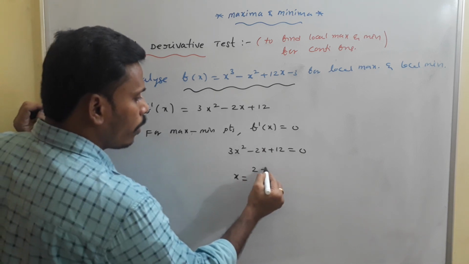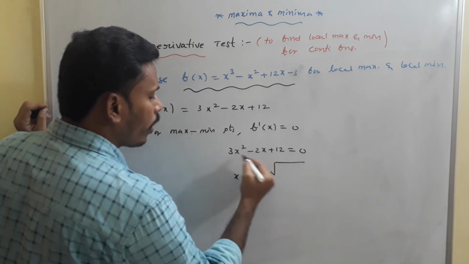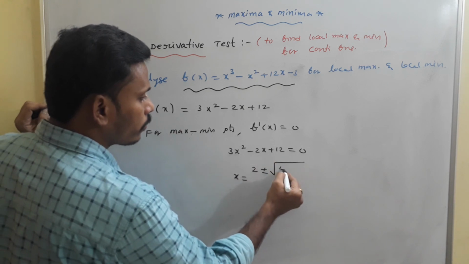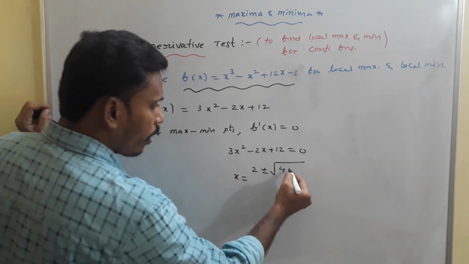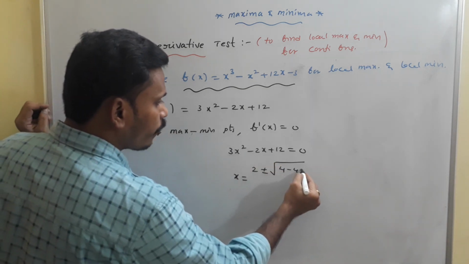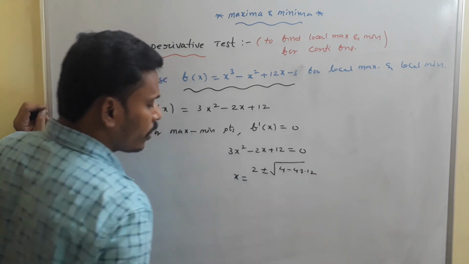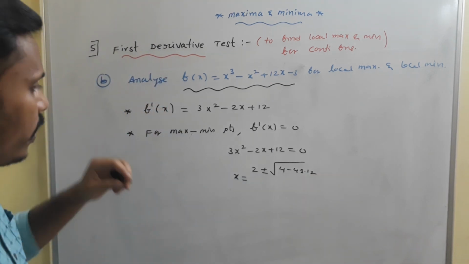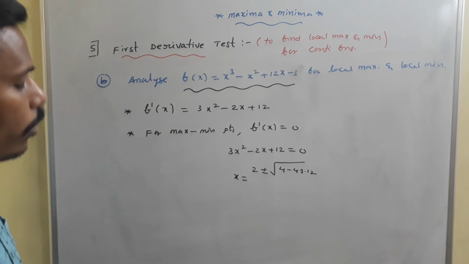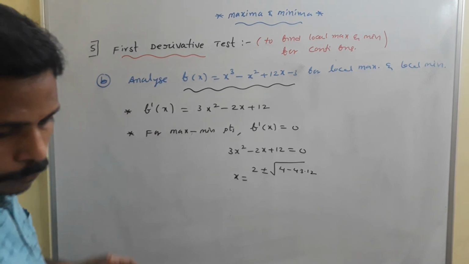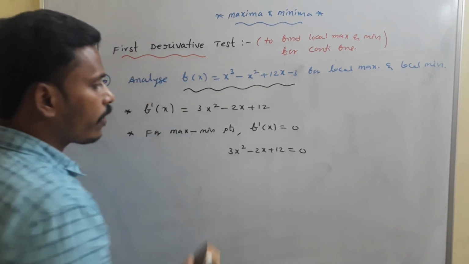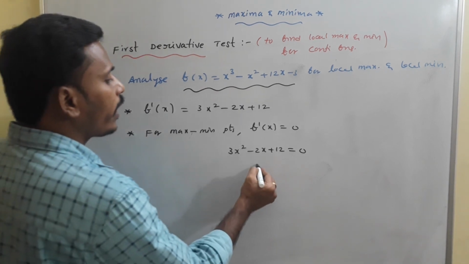So 2 plus or minus square root of b square, minus 4 into 3 into 12. Yeah. For this, if you equate f dash x to 0, you won't get real values.